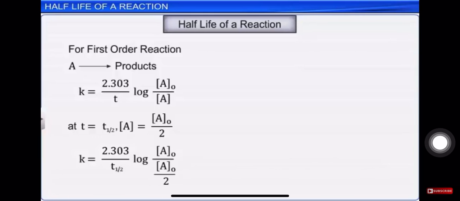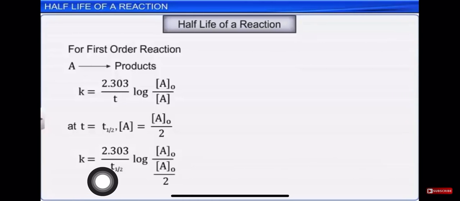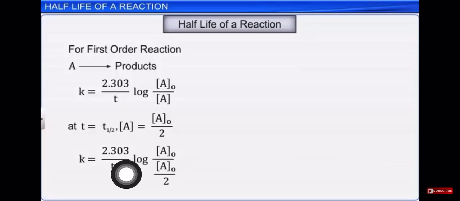So by that we are getting this equation: K is equal to 2.303 by T half log A initial, which was already there, and below, instead of A, we are keeping A initial by 2, right?